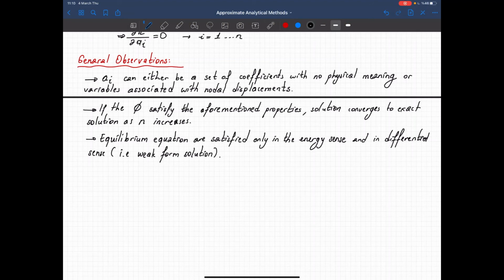So you can satisfy the energy, but don't expect that the equilibrium is satisfied at every point in this structure.